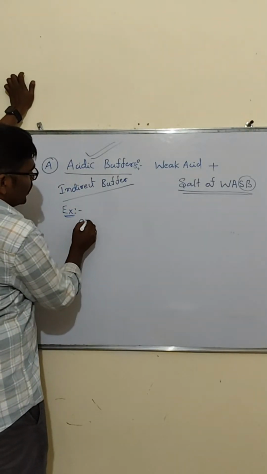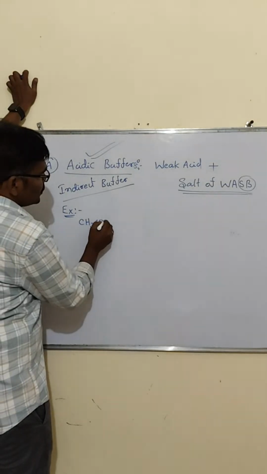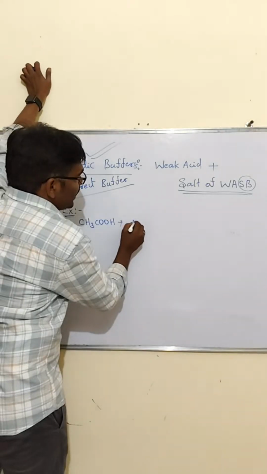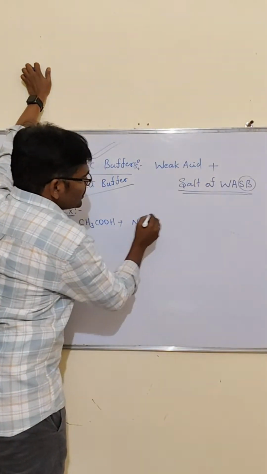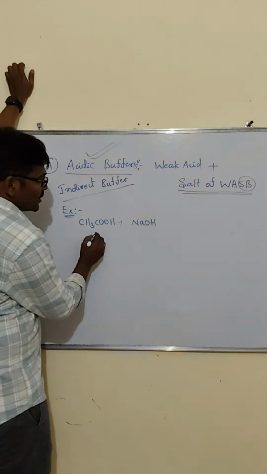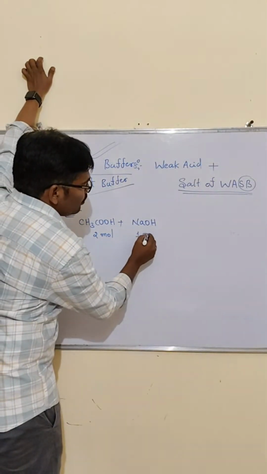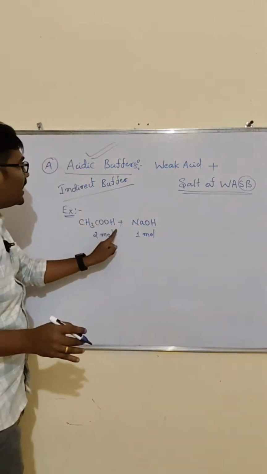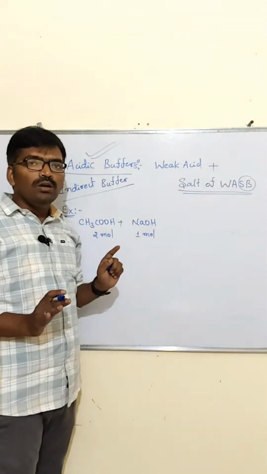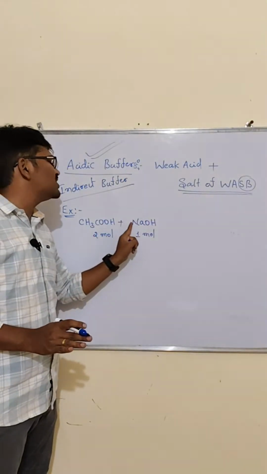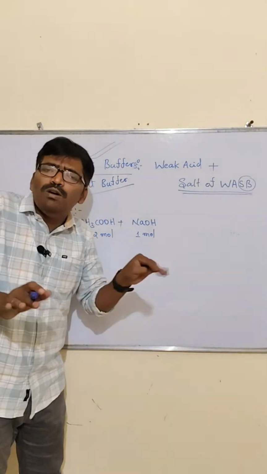CH3COOH is given, then plus NaOH is given. In the mixture, 2 moles of the acid and 1 mole of the base are mentioned. Is that an acidic buffer? Generally, without moles, CH3COOH and NaOH are not an acidic buffer.